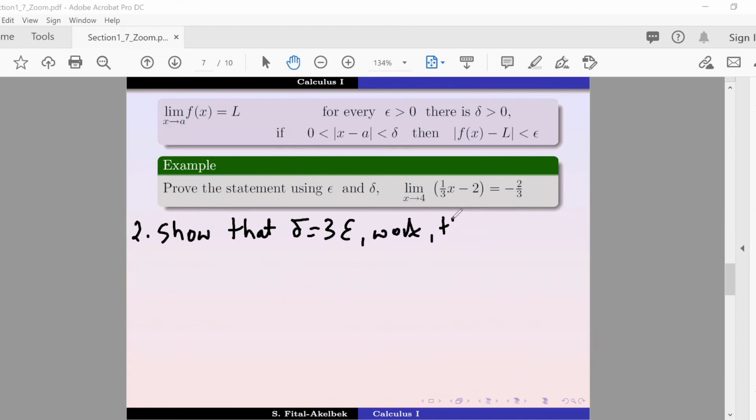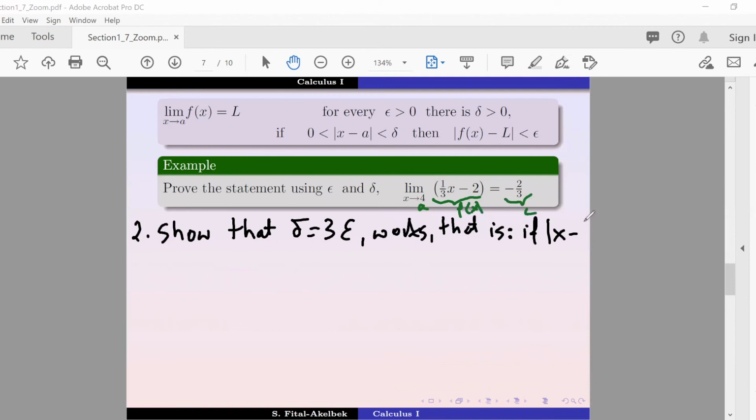That is, we rewrite the definition: if the absolute value of x minus a, this is my a, this is my f of x, this is my L, right?